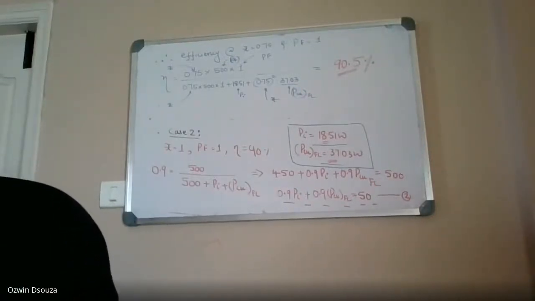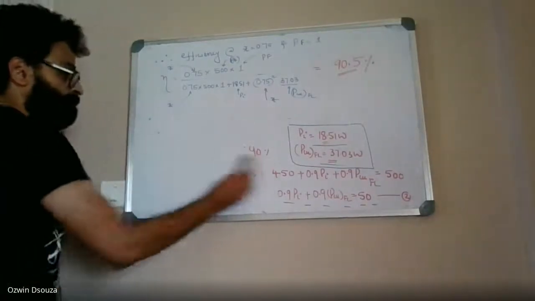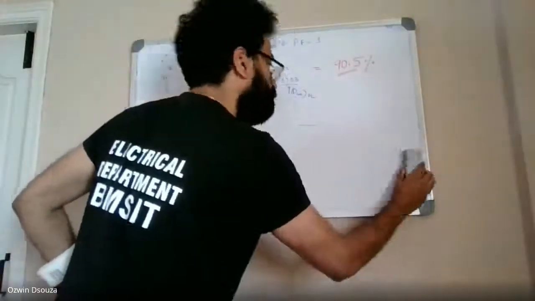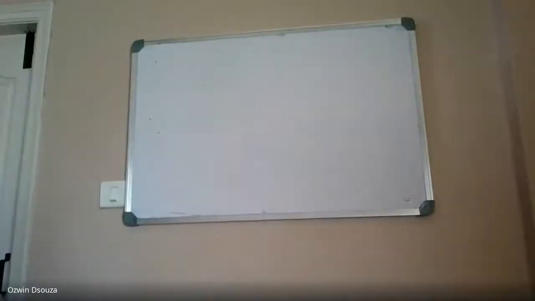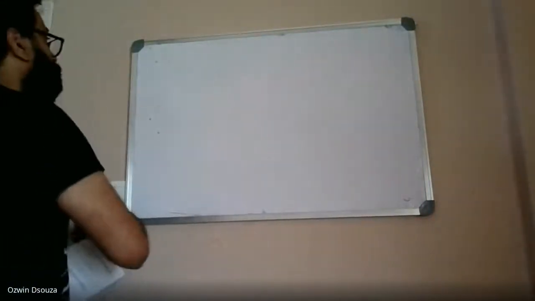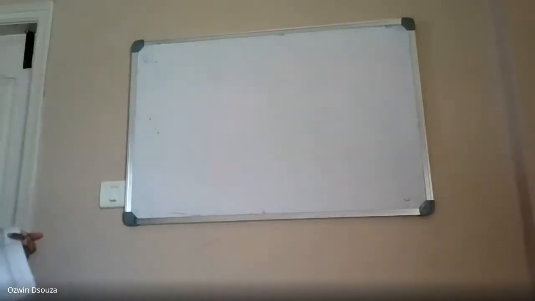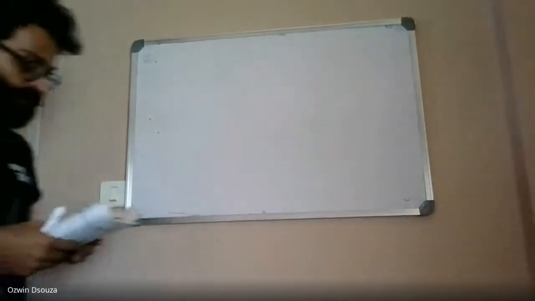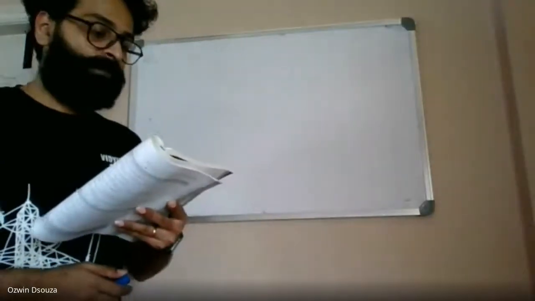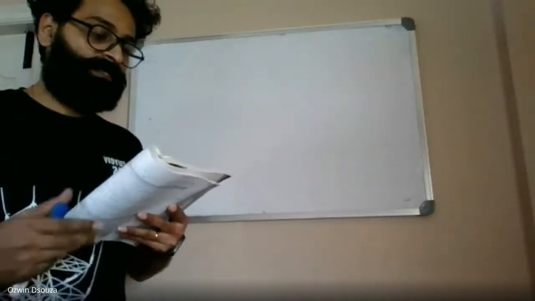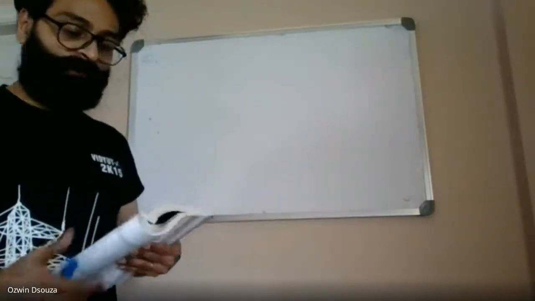Second problem you consider. It's given that a 40 kVA single phase transformer has core loss of 450 watts and full load copper loss of 850 watts.